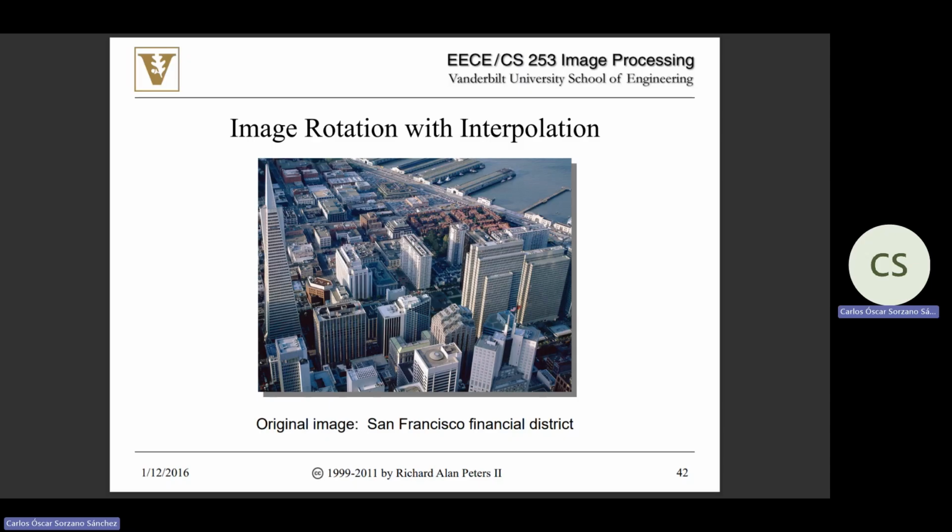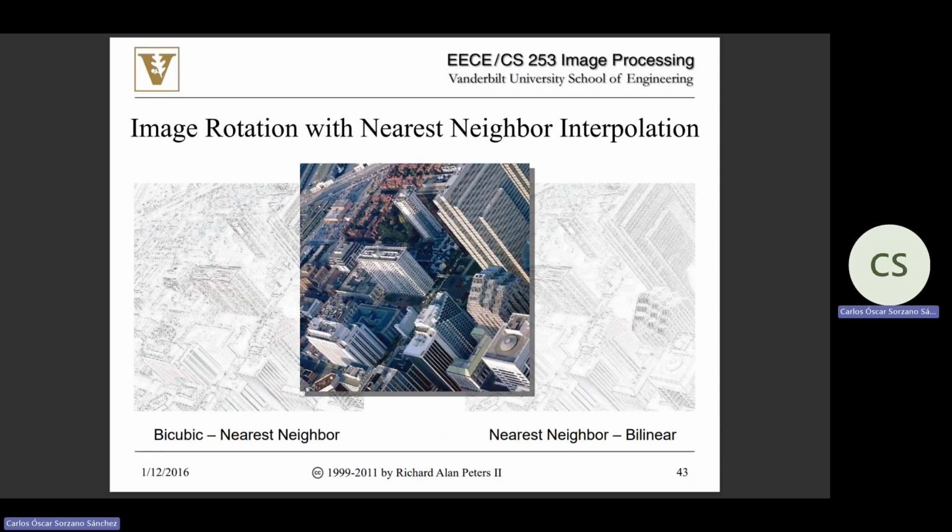So we take that image and rotate it using two methods. We know that cubic is the most accurate interpolation. So we compare nearest neighbor to cubic, nearest neighbor to bilinear, and bilinear to cubic, and we see there are differences.